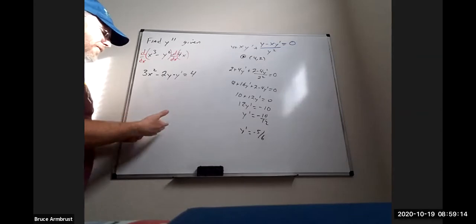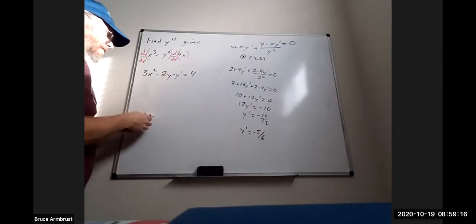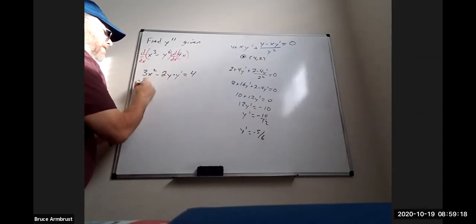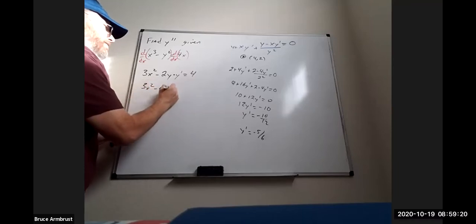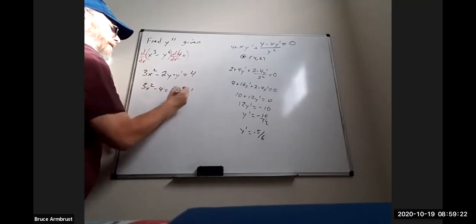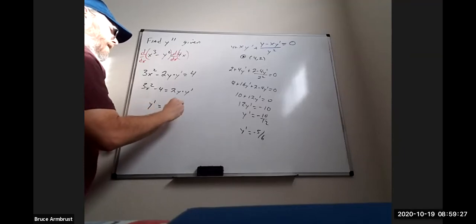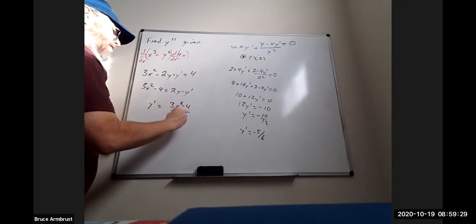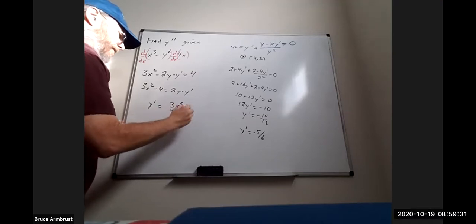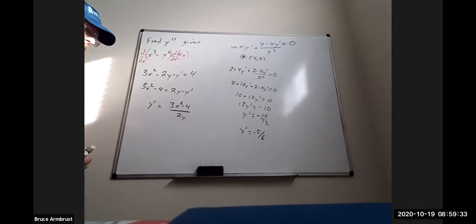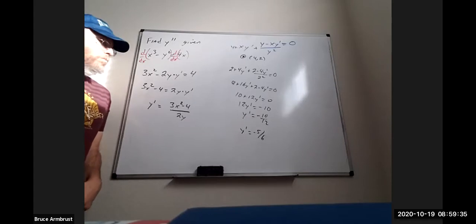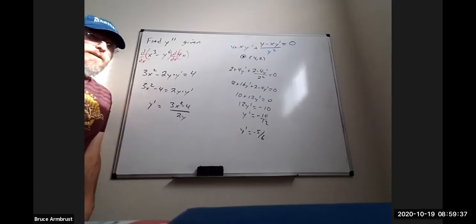So just trust me on that. All right, so let's solve this thing for y prime. So I'm going to move some stuff around. So I get 3x squared minus 4 is equal to 2y times y prime. So y prime is equal to 3x squared minus 4 over 2y. So a little bit of quick algebra brings us right here.